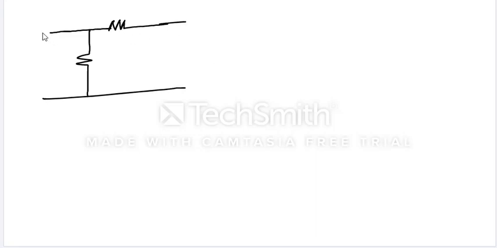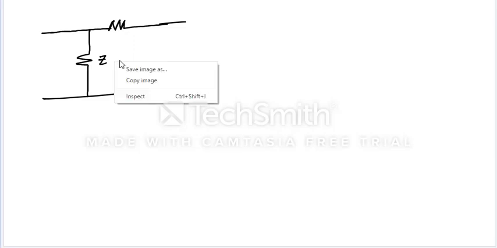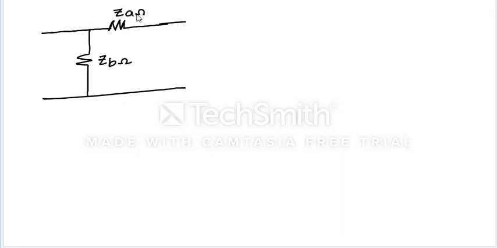Consider the network here. This is the element here, and this element here. This is ZB, and this is ZA.